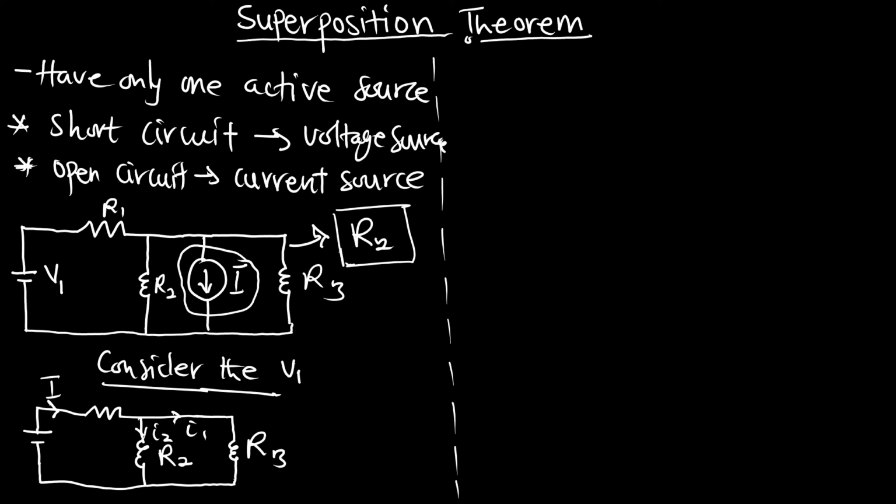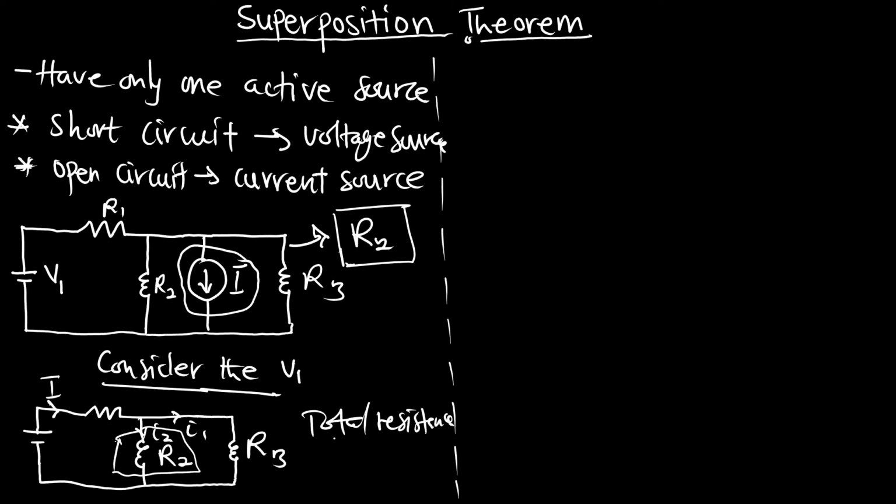So considering this voltage source acting alone, we have this circuit. And how do we distribute current so that we can know the current through resistor 2? First, we have to find the total resistance in the circuit. The total resistance, please pay attention.